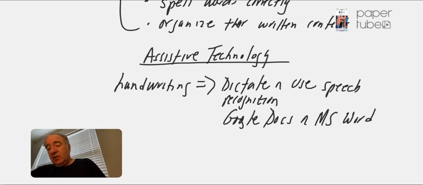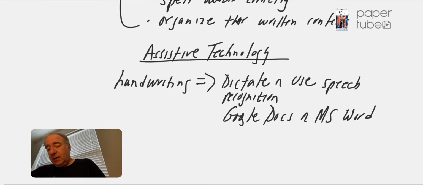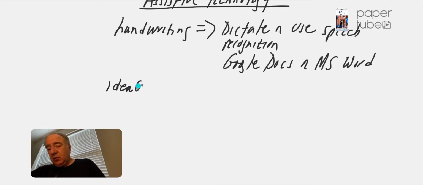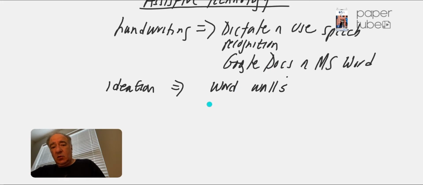Students who need support for ideation might do well with word walls, or might even want to try mind mapping, as we have done in the classroom, to brainstorm ideas.